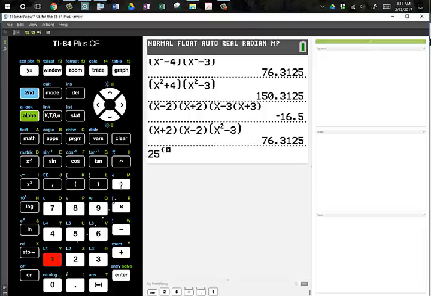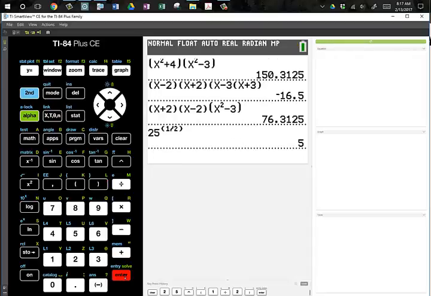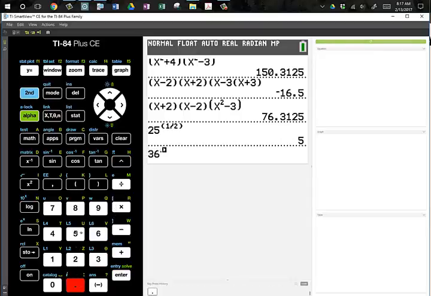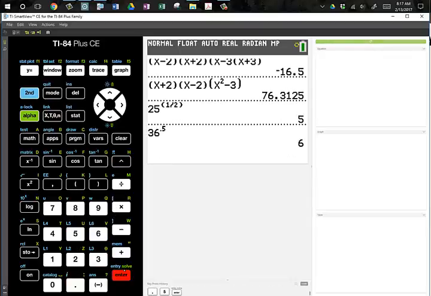So parentheses 1 divided by 2. So what should that equal? It should equal 5. Okay? If you want to instead raise it to the 0.5, you can also do that. Also is 1/2. So sometimes when you're taking square roots, it's a whole lot easier to raise something to the 0.5 instead of finding the square root button and doing all that.